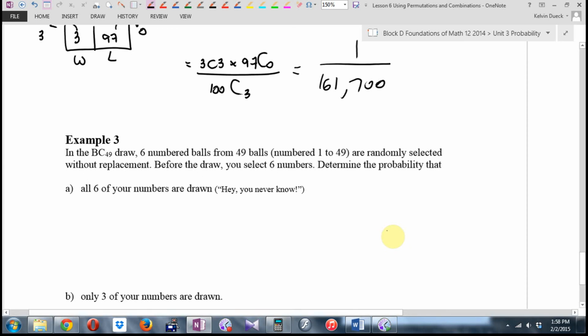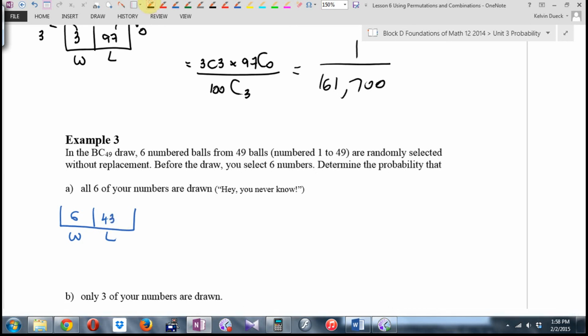So we're going to have a bucket. And my bucket is going to be made up of winning numbers and losing numbers. How many winning numbers are there? How many losing numbers are there in BC 649? 43. If you want to win the grand prize, how many of those winning numbers do you want to choose?